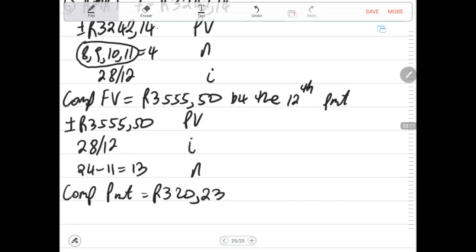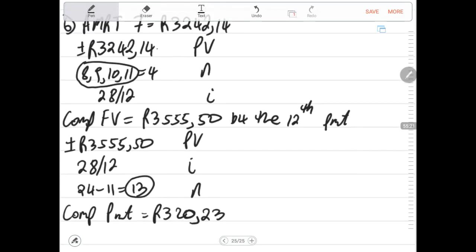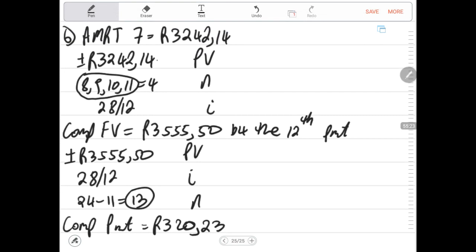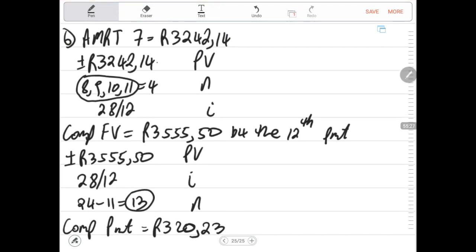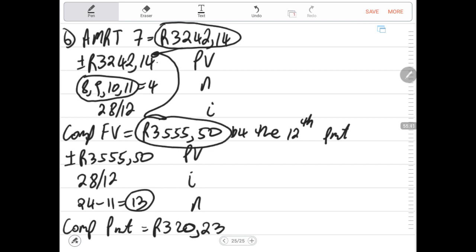These are the new payments that will be made for the next 13 months, because we missed 4 payments from month number 8 up to month number 11. And we said how much the balance was after the 7th payment was made. And we accumulated this balance, becoming the present value. It increased for the next 4 months and it became the 3,000. And this is what we currently owe just before the 12th payment is made.